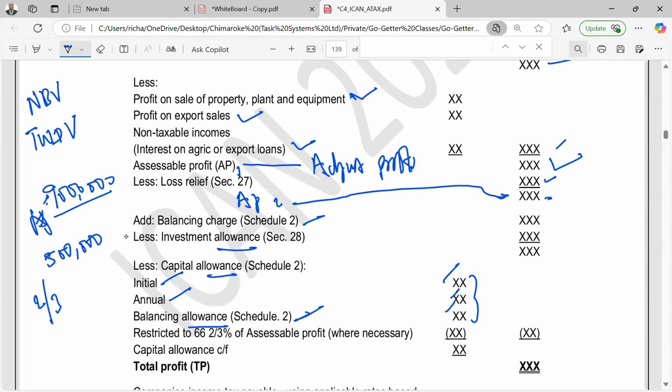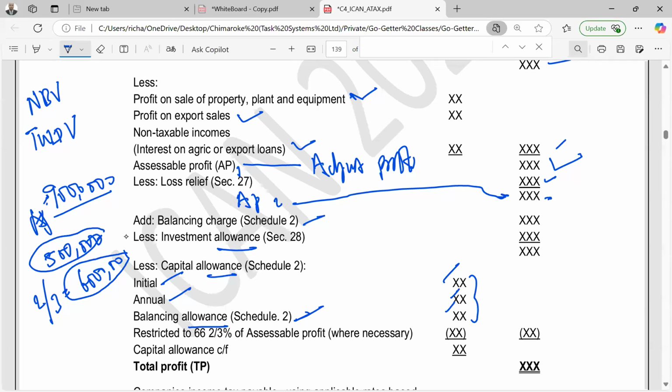You look for two-thirds of 900,000, which is 600,000. So if they have a capital allowance of 500,000 and the maximum that they can remove is 600,000, it means that this 500,000 can be deducted all at once.